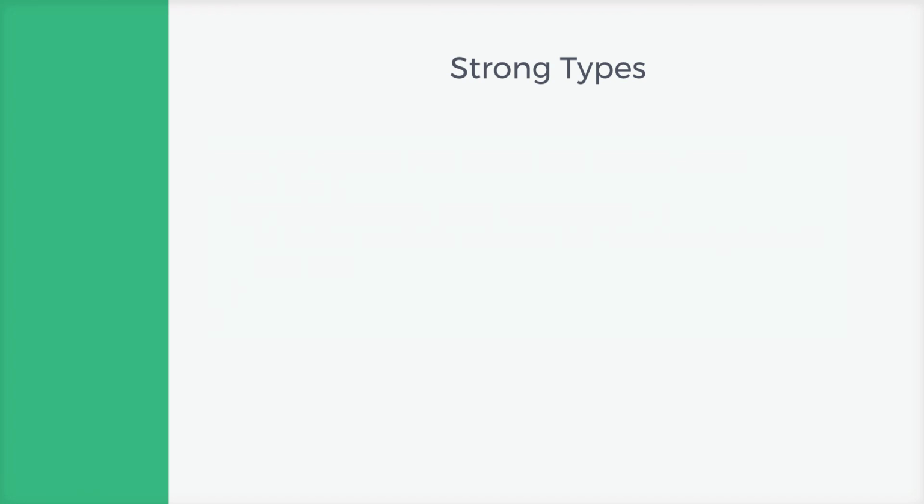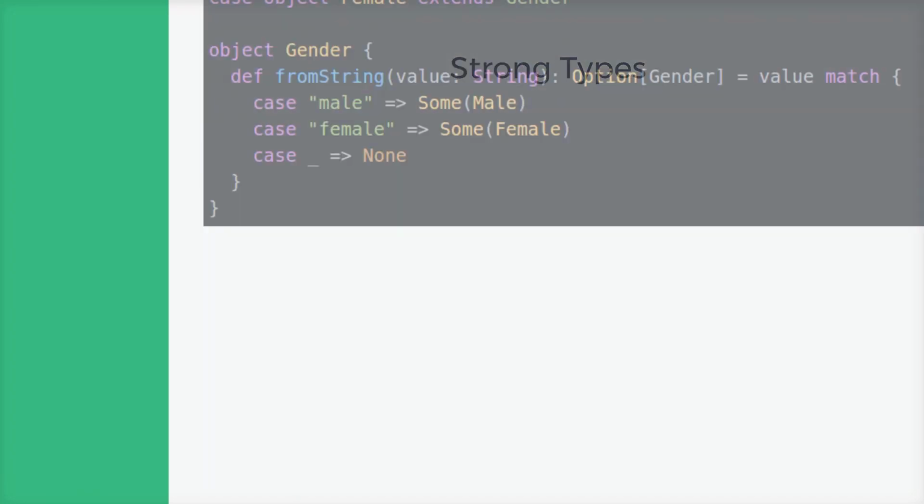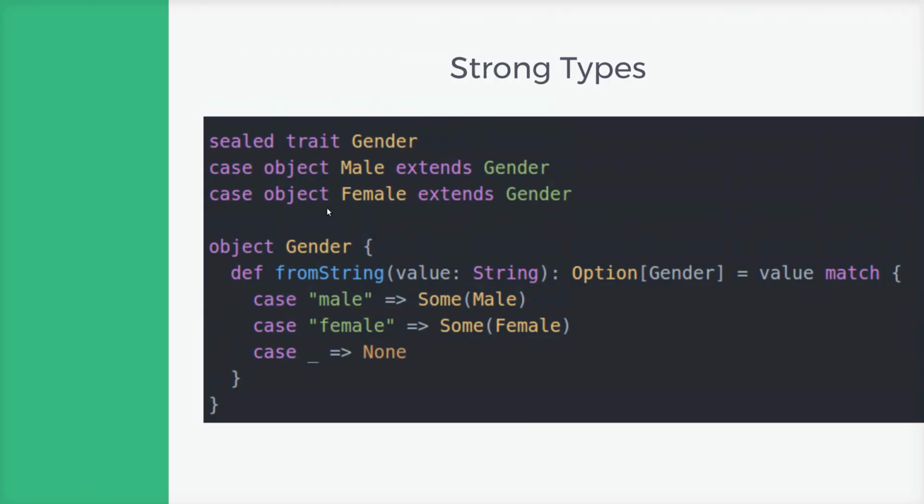This allows for more type safety and helps avoid making mistakes when you are working late and trying to meet a deadline. And the other way of doing this is using algebraic data types, like declaring a Gender, having two subclasses, Male and Female, and we can use pattern matching in the companion object to create something like this. And again, we are forcing the programmer to validate the missing case or the bad case for the provided string, because this string can be only garbage and we don't know what it is.